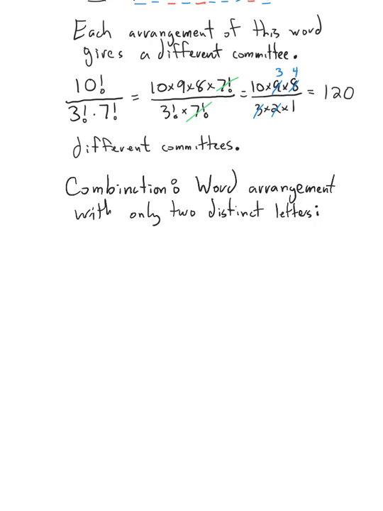And let's say if there are n letters in total, and there is, let's say, r of one letter, well, there's obviously the rest of them, n minus r, of the other letter.